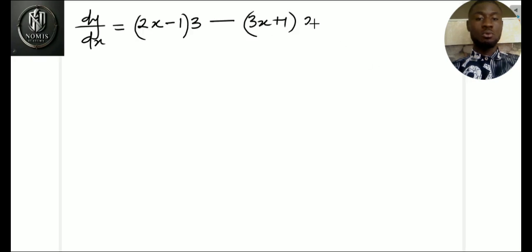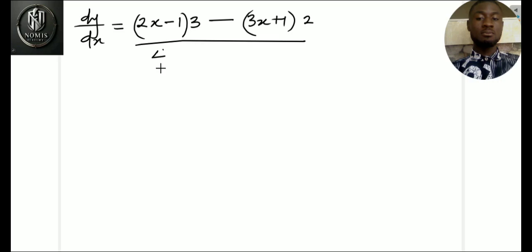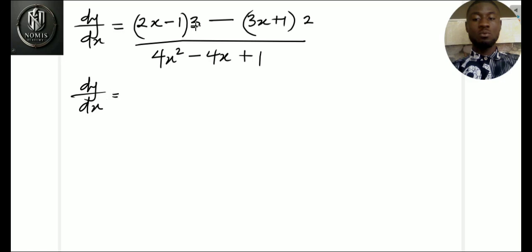So we multiply that by 2, all over what now? V squared. And what did v squared give to us? 4x squared minus 4x plus 1. So to simplify this, we continue by saying dy/dx is equal to 3 multiplied by 2x, we have 6x. 3 multiplied by minus 1, we have minus 3.